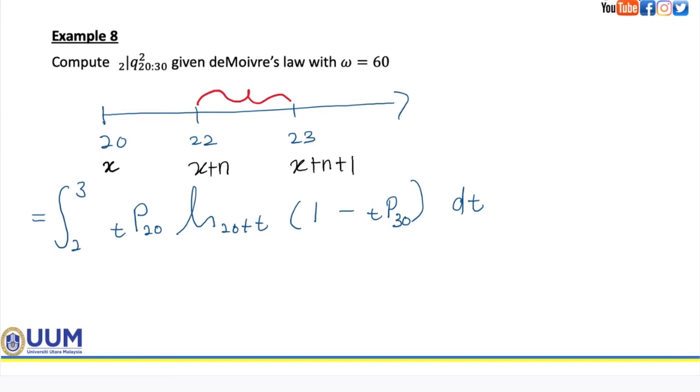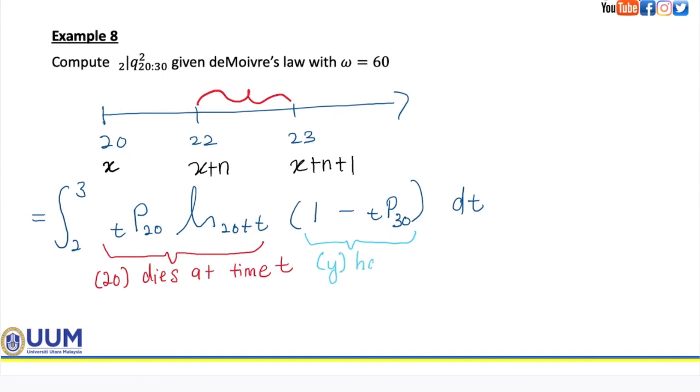So this means that x, or 20, dies at time t. And this one means that y has died at time t.